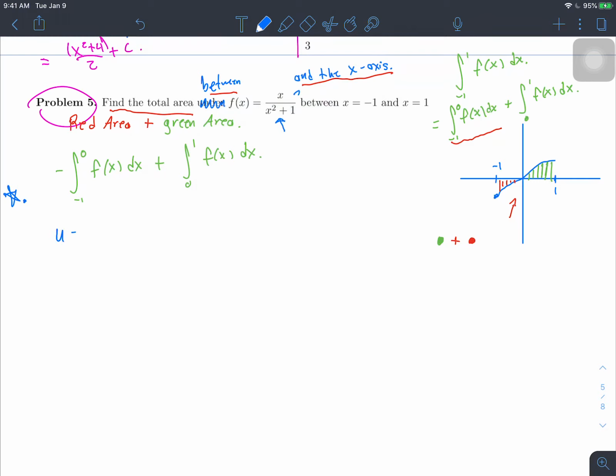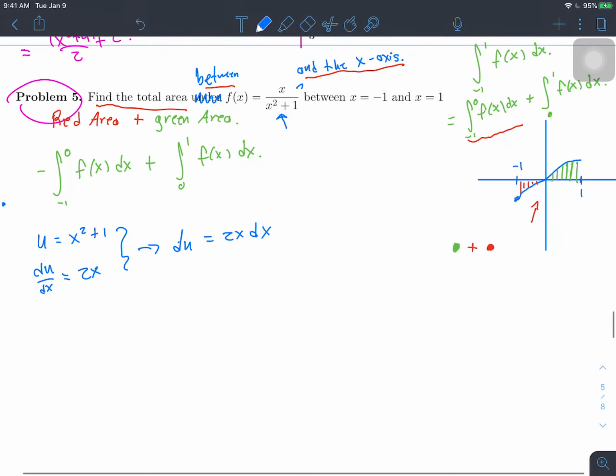First of all, I'm going to let u be equal to x squared plus 1. Then du dx is going to be equal to 2x. This means that du is going to be equal to 2x dx. So what I have is the integral of f of x.